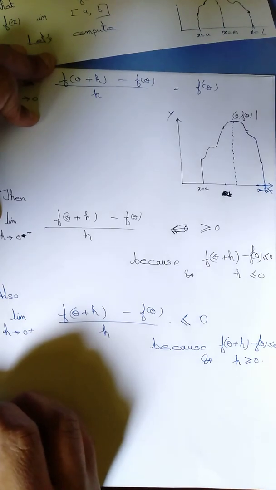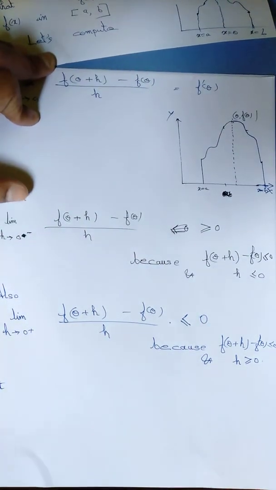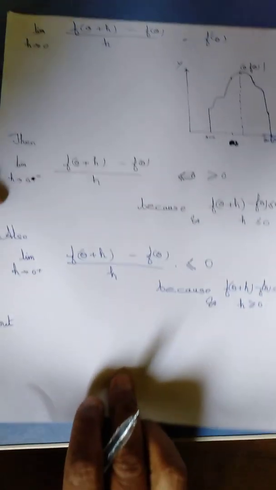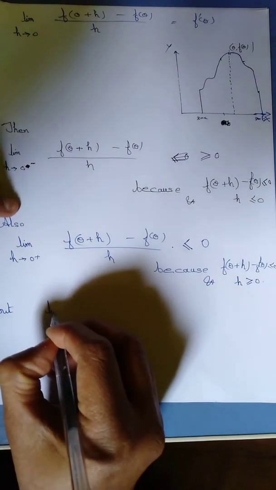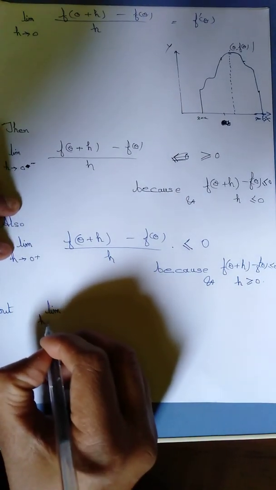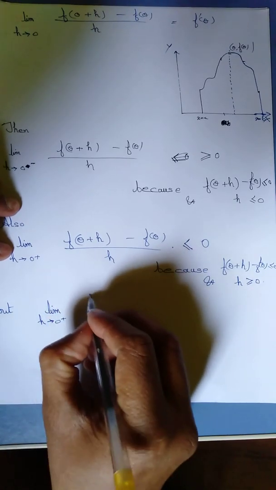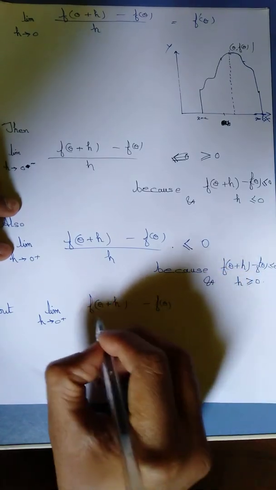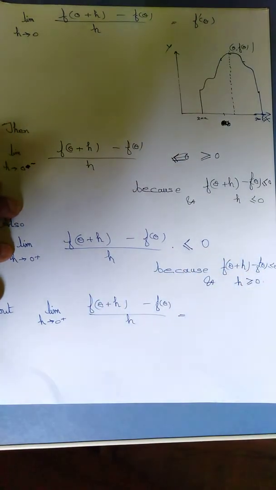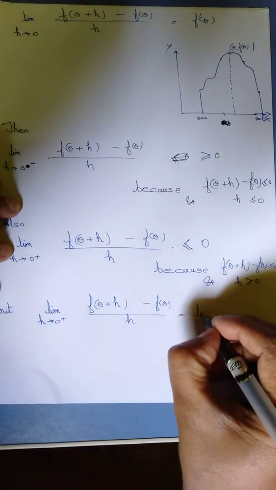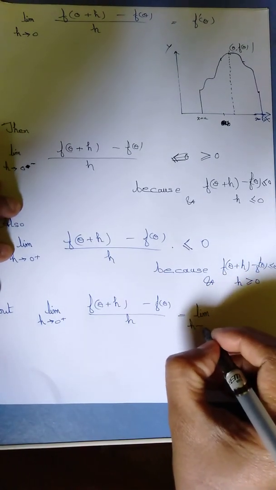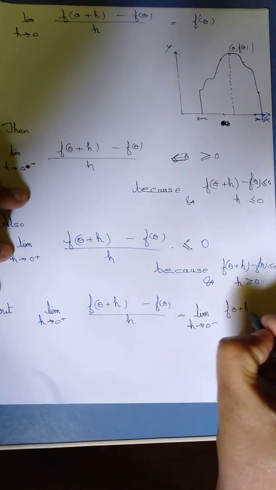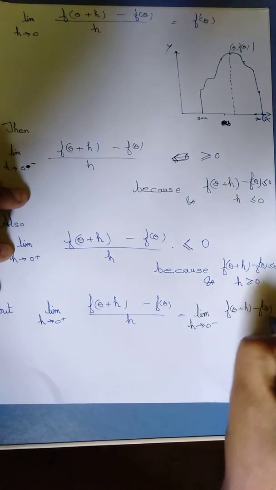But what does the theorem say? The theorem says the limit as h tends to 0 plus of (f of theta plus h minus f theta) by h equals the limit as h tends to 0 minus of (f of theta plus h minus f theta) by h.